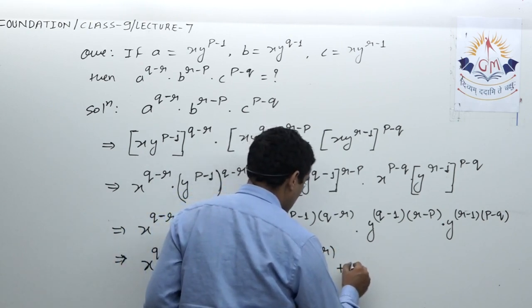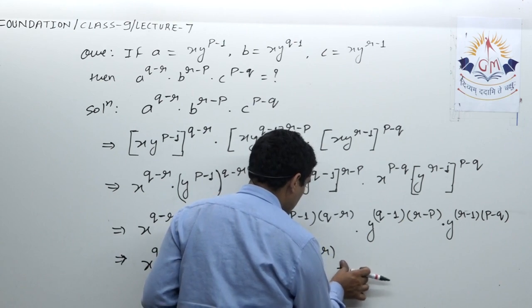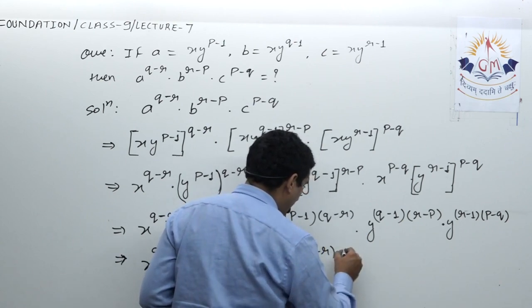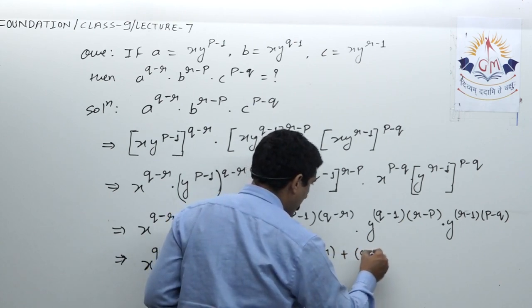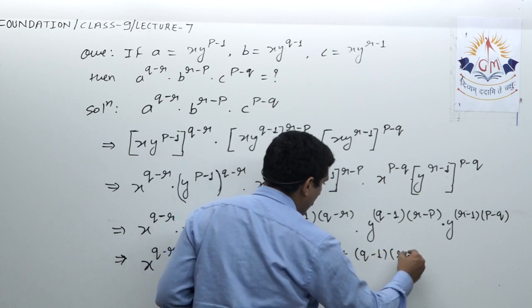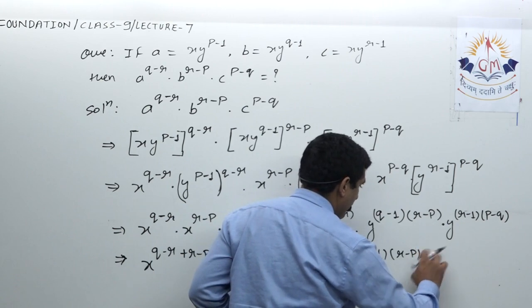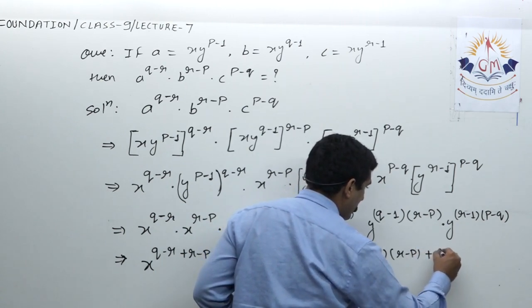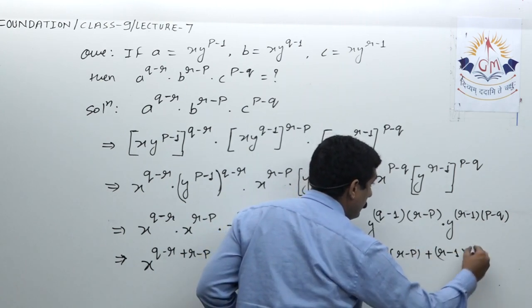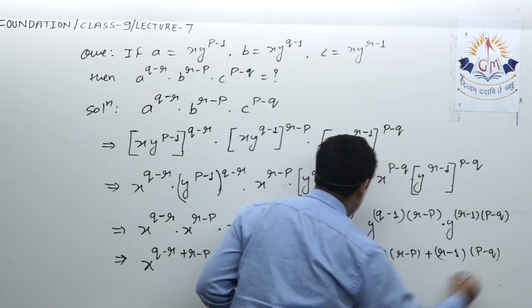I'm adding these powers also over here, q minus 1 times r minus p, because again the bases are the same, plus r minus 1 times p minus q.